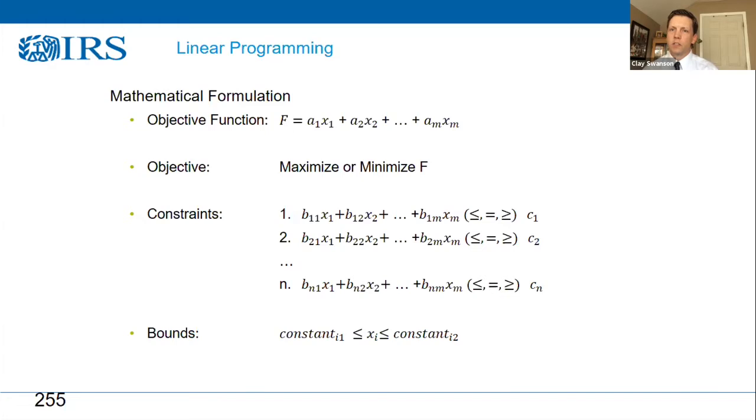And we also need to specify if there are any constraints or bounds, which are physical, financial, practical restrictions of any kind on our decision variables. And frequently we have bounds that restrict decision variables so they're non-negative, because often certain decision variables don't make sense as negative numbers.